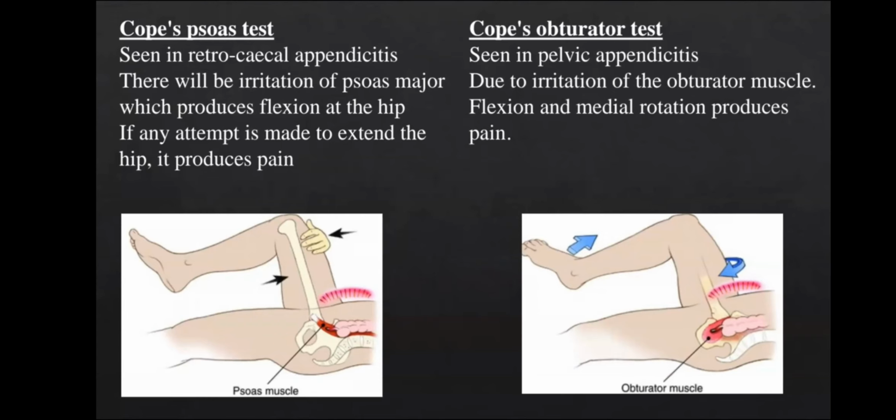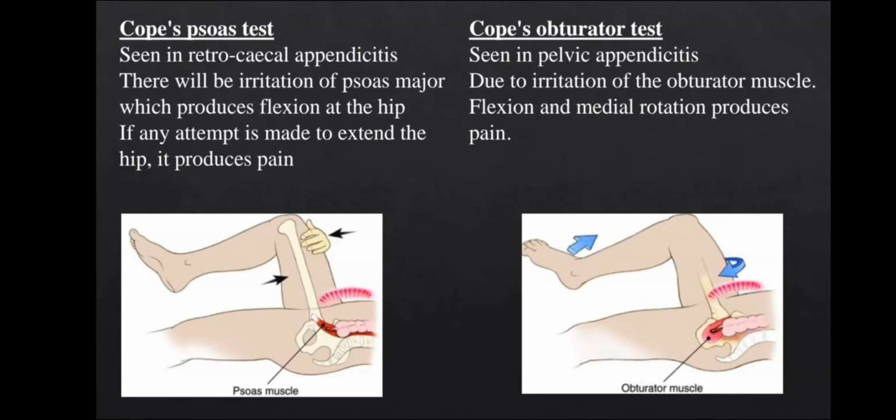Next is Cope's obturator test, seen in pelvic appendicitis. It depends on the position of the appendix, which occurs in different positions. It will not be positive in all kinds of appendicitis. Always note that. In retrocecal appendix, there will be pain on hyperextension of the hip joint, that is the Cope psoas test.